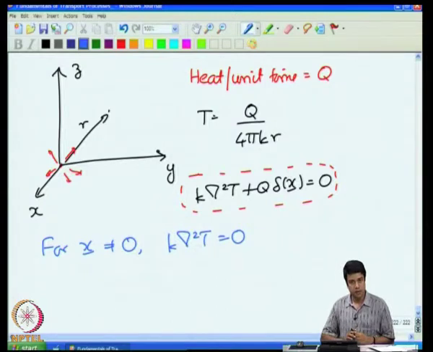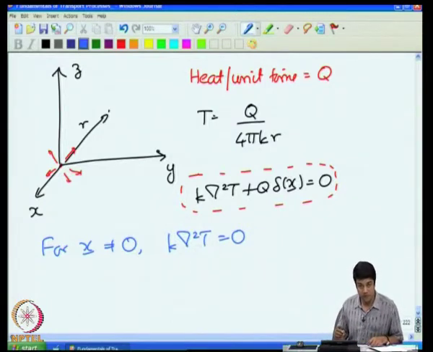For K del square T equal to 0, consider the solution in spherical coordinates. Note that this is a spherically symmetric system. There is no variation in the theta or phi coordinates.